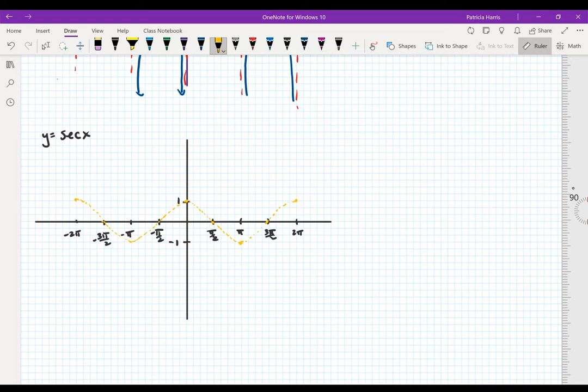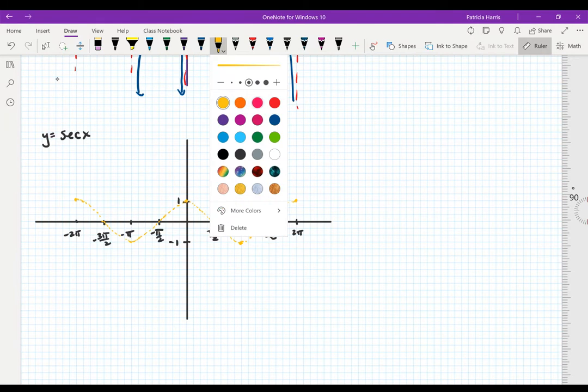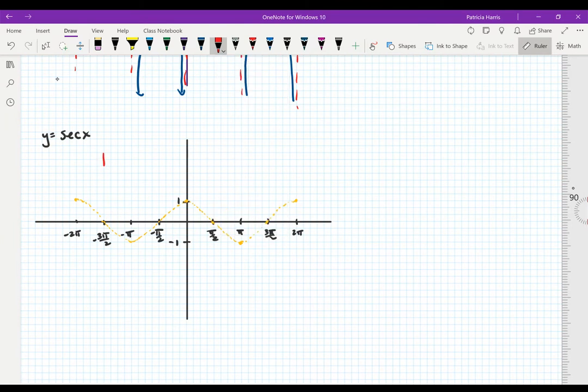Now we get to put in our asymptotes where we see that 0 happening. I see 0 happening on the halves, so I put asymptotes there and just dash them out.